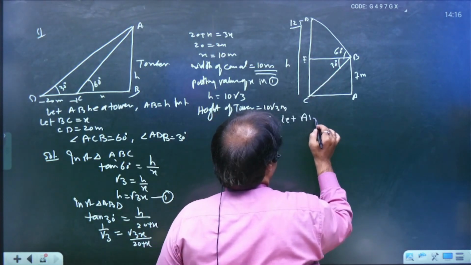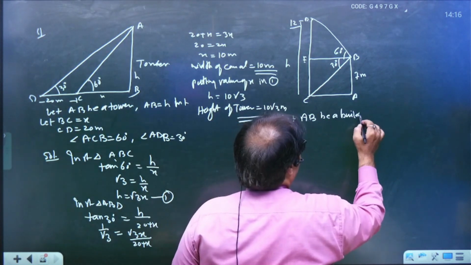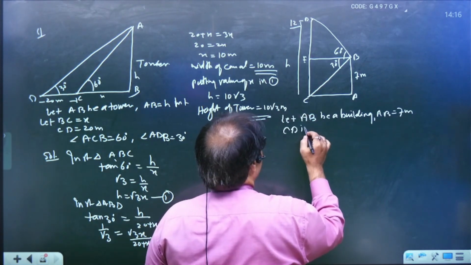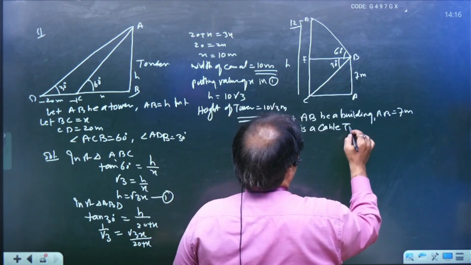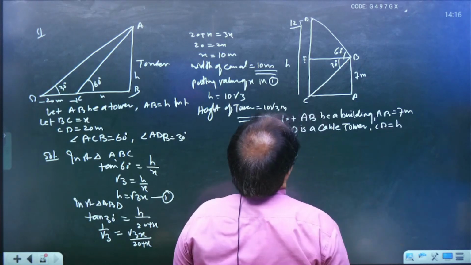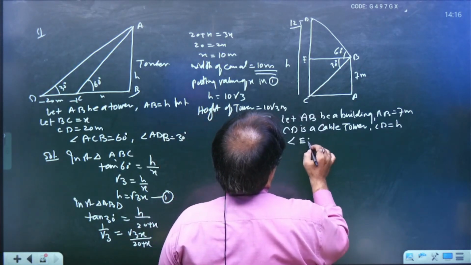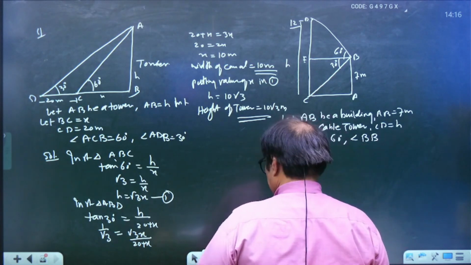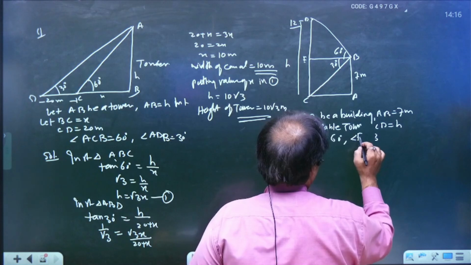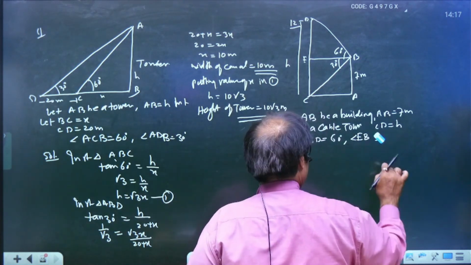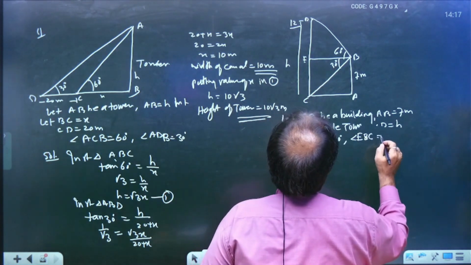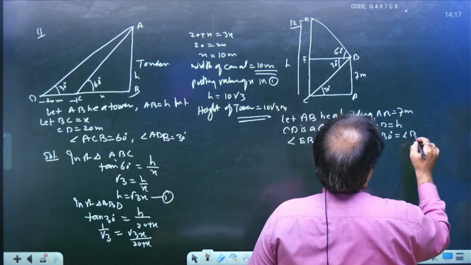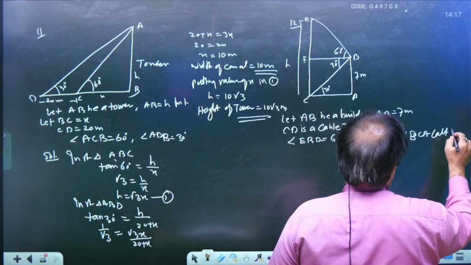Let AB be a building such that AB is equal to 7 meters and CD is a cable tower such that CD is equal to H. Angle EBD is equal to 60 degrees, and angle EBC is equal to 30 degrees, which is equal to this angle, 30 degrees, meaning angle BCA, by applying alternate angles.